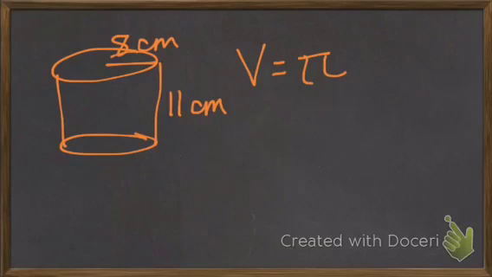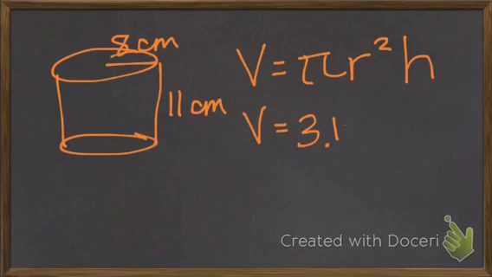Every time we're going to write out the formula, and we are going to plug in. Typically, we're instructed to use 3.14 for pi. We're going to do that times radius squared. Radius is 8 squared times your height, which is 11.